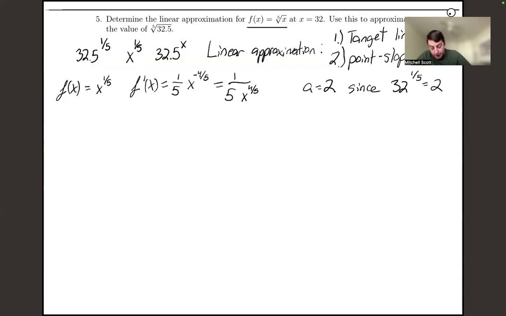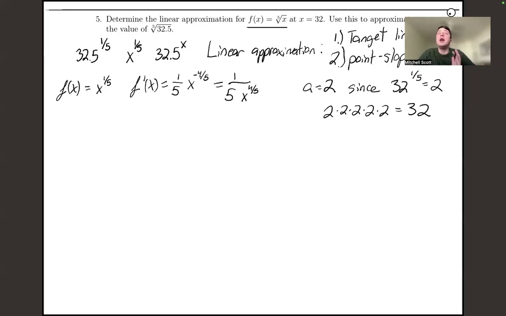Or another way is 2 times 2 times 2 times 2 times 2 equals 32, which is close to 32.5. Okay, so I think that's really important to know. And so this is going to be the point that we center it around, right?